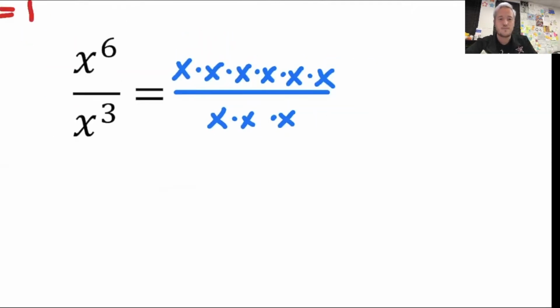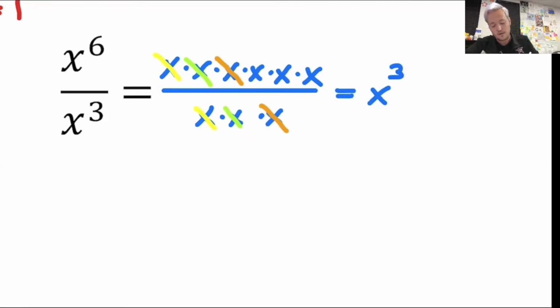Here, I have one pair of x's that simplifies to 1, a second pair of x's that simplifies to 1, and a third pair of x's that simplifies to 1. So what I'm left with are 3 x's in the numerator, so we have x cubed as our final answer.